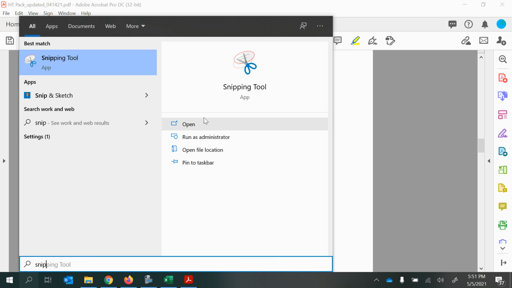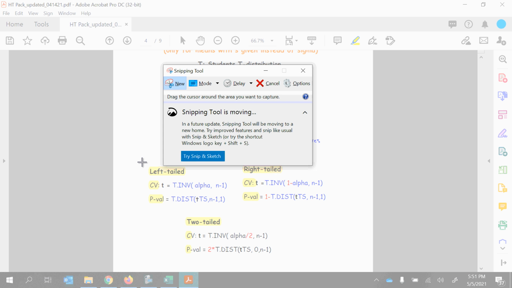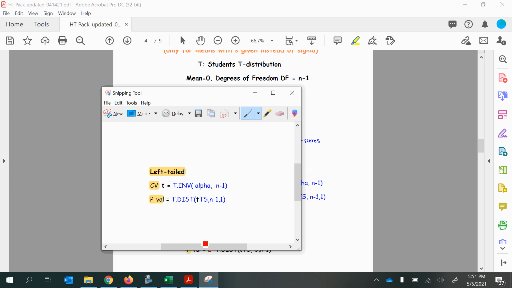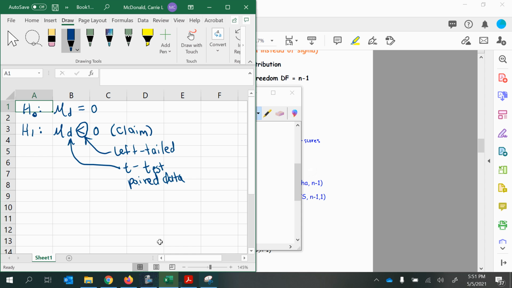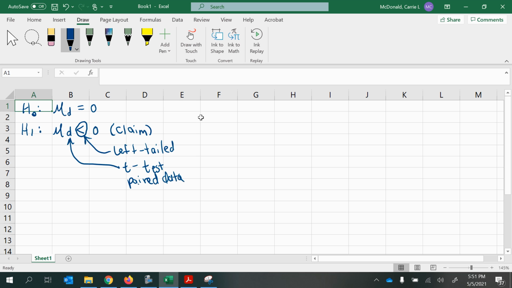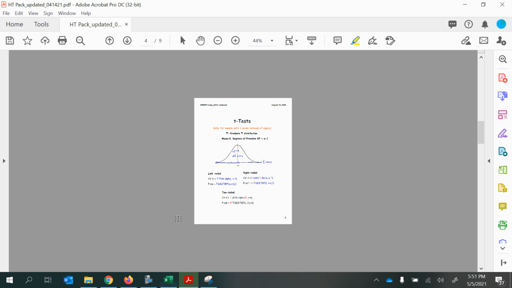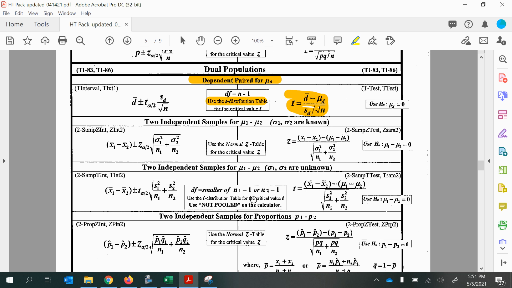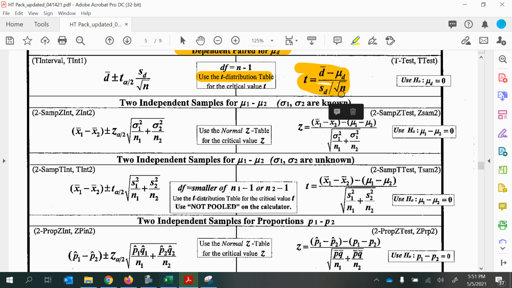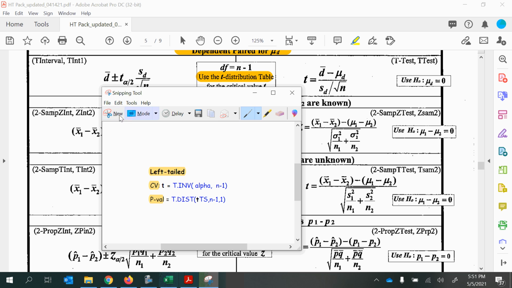Let me take a snip. Okay, we're going to be looking at that because it's left-tailed. And we're going to be using, as I mentioned before, this formula here for our test statistic.